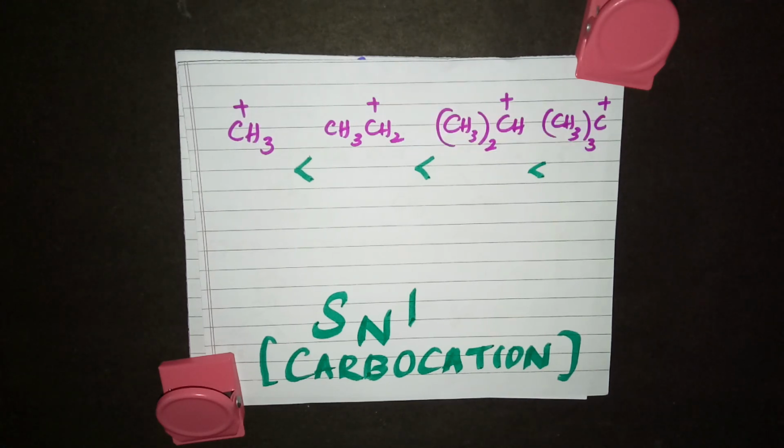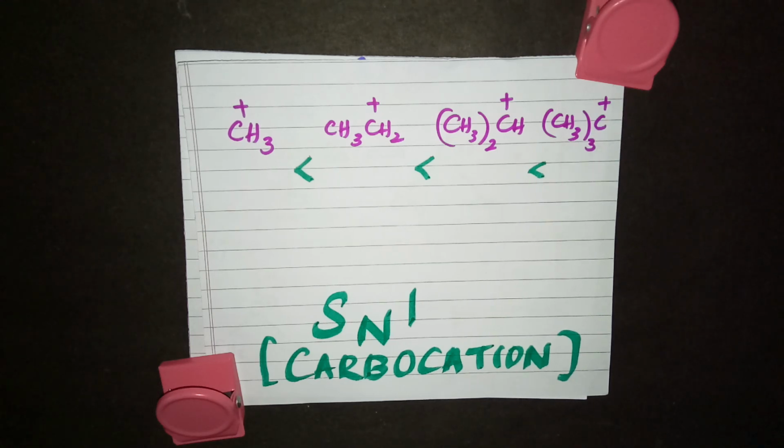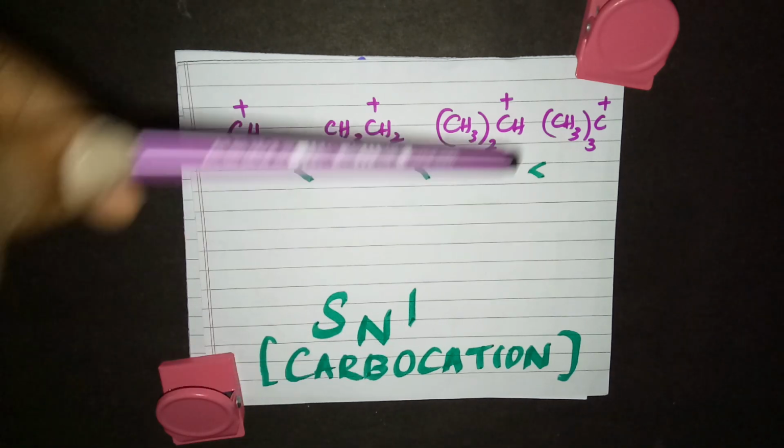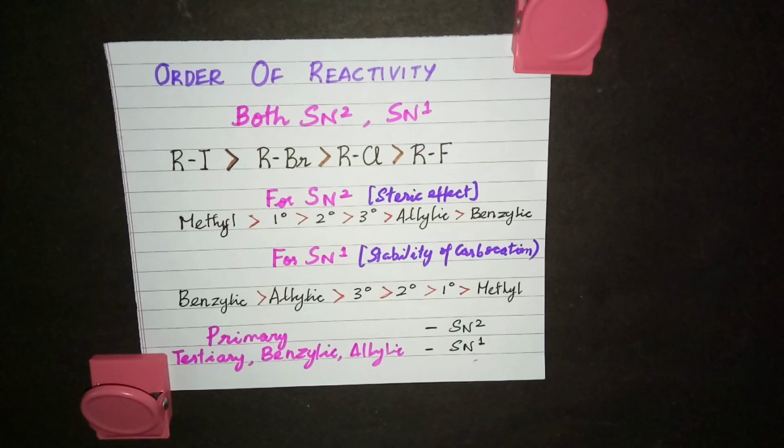So which will undergo SN1 reaction faster? Tertiary. So in the case of SN2, it was primary. Here it is in the reverse order. So when it is SN2 reaction, primary will undergo nucleophilic substitution reaction faster. If it is SN1, tertiary will undergo the reaction faster. Look at this. This is the gist of the order of reactivity.